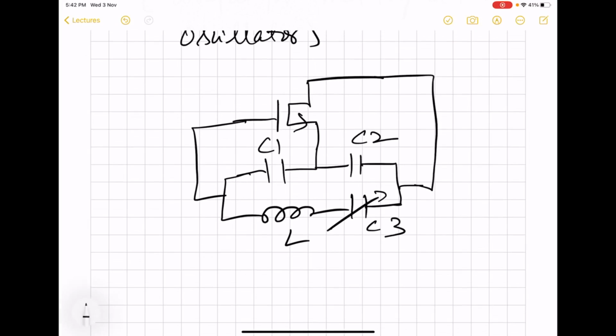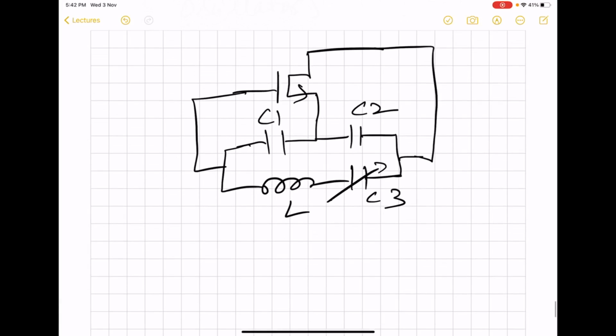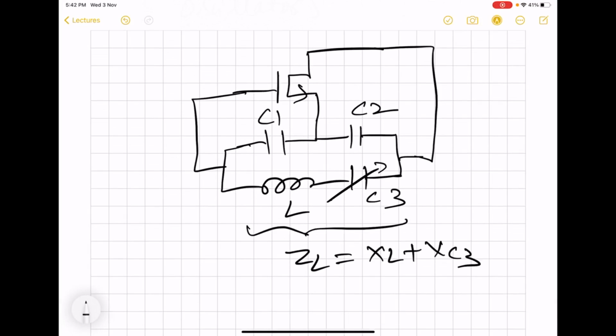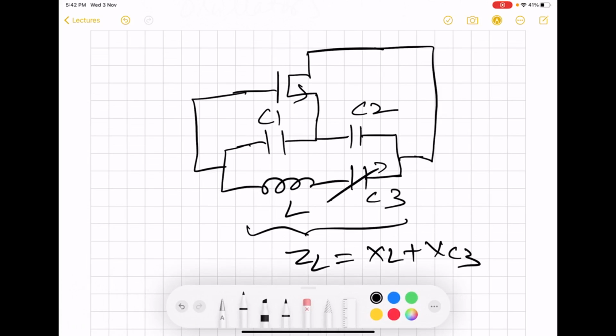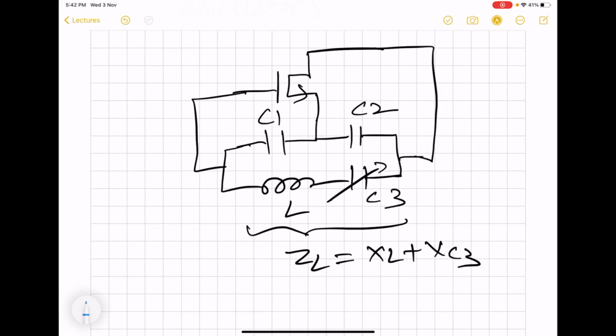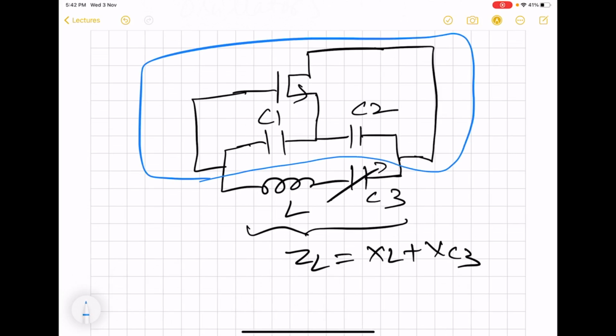Now this L and C3 form ZL, which is XL plus XC3. And the Zin is formed by the same circuit that we had already analyzed, so there is no change in the Zin with respect to the previous circuit.